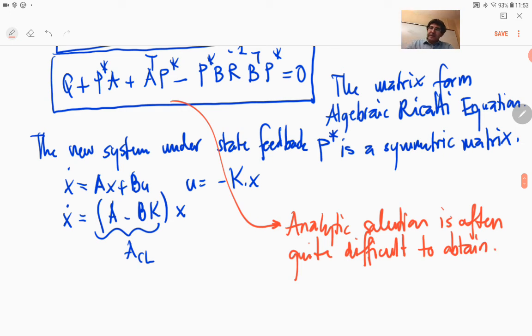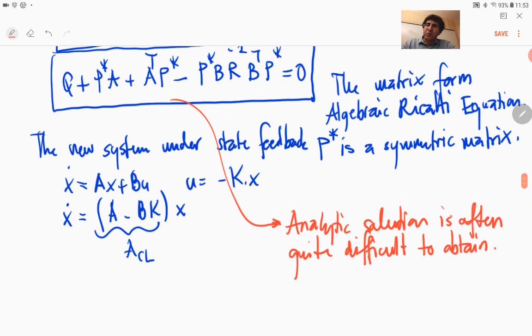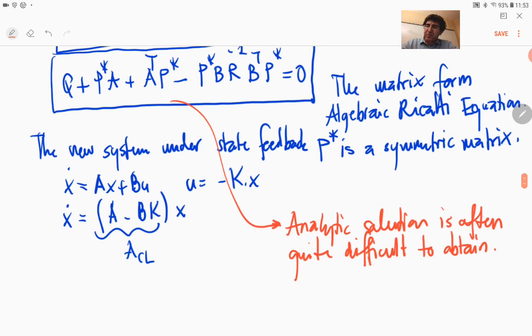Okay, so I'm going to solve an example where we will be able to generate this solution, but you will see that it's going to require the solution of a linear or nonlinear system of equations. So usually the way it's done is through numerical techniques.